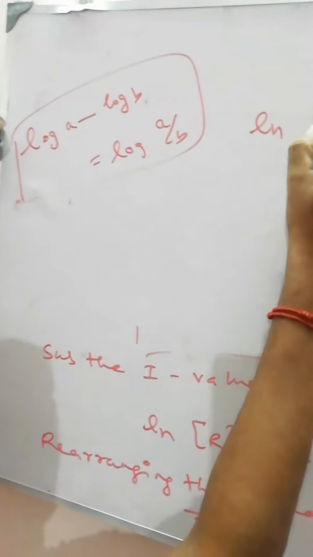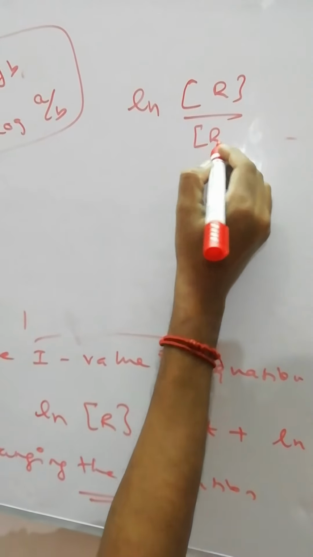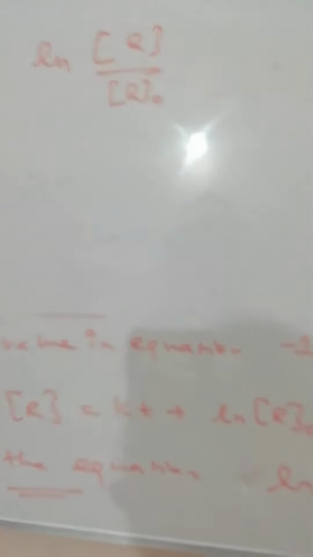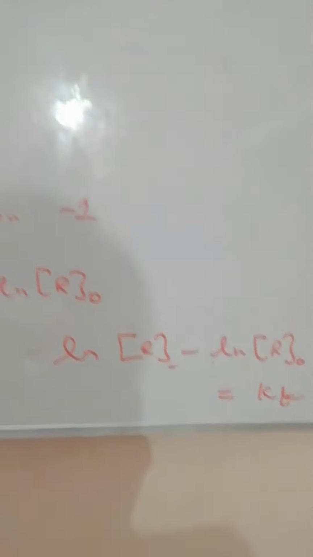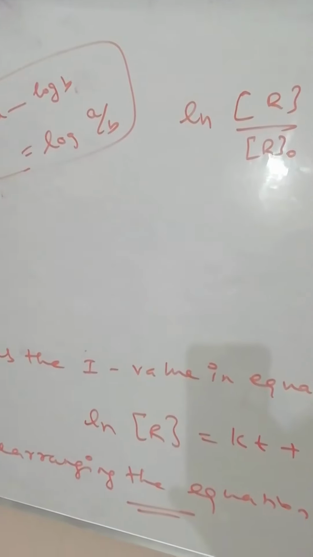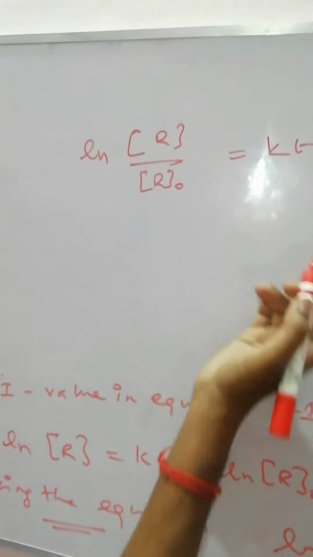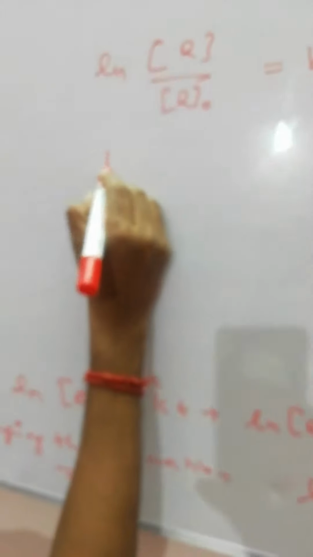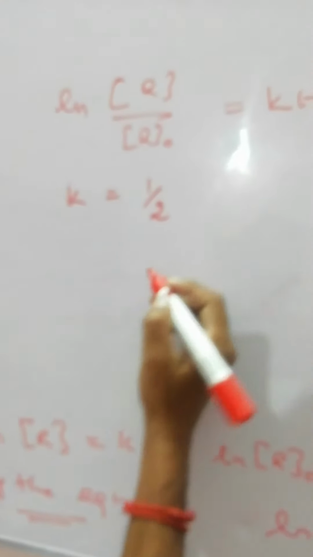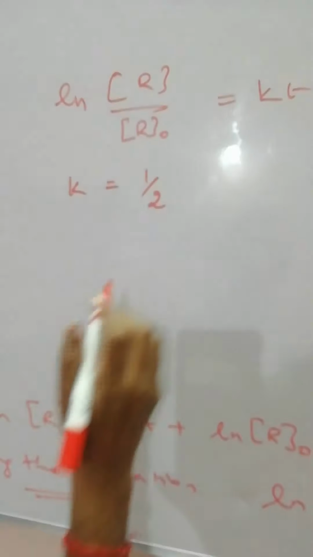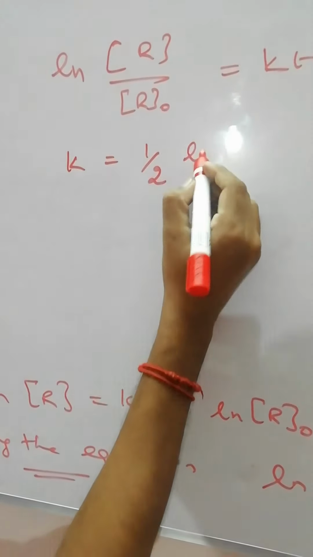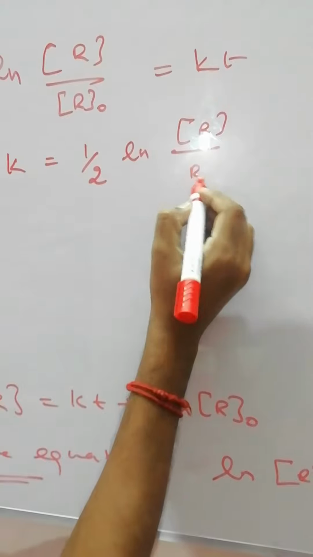Because of the logarithmic rule, in the last page of the textbook, the log rules are given, you have to go through them. So ln R by R0 equals KT. K is equal to 1 by t into ln R by R0.